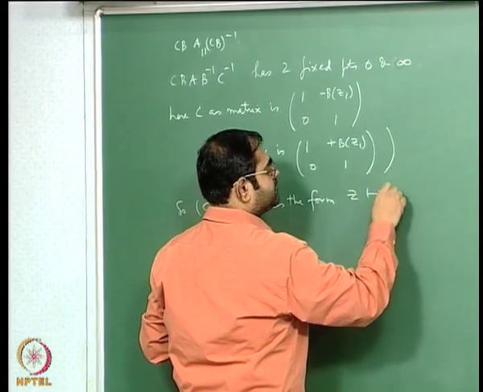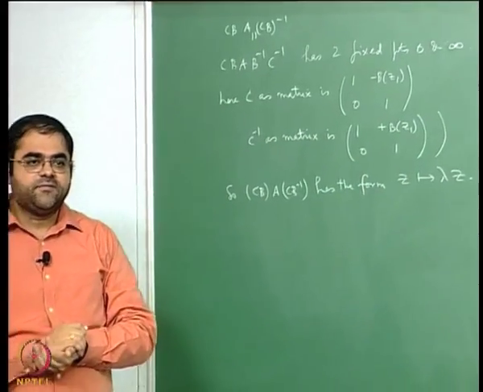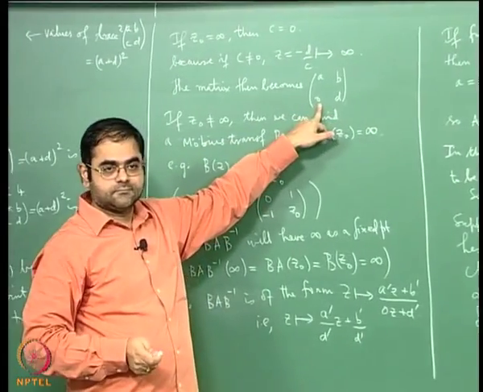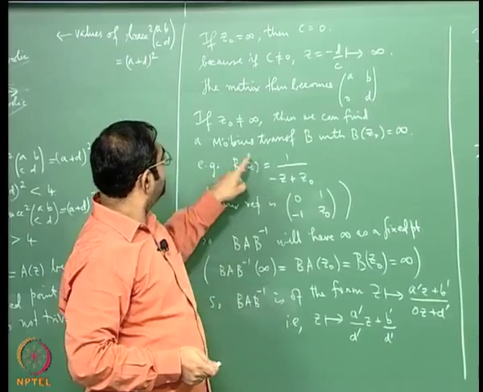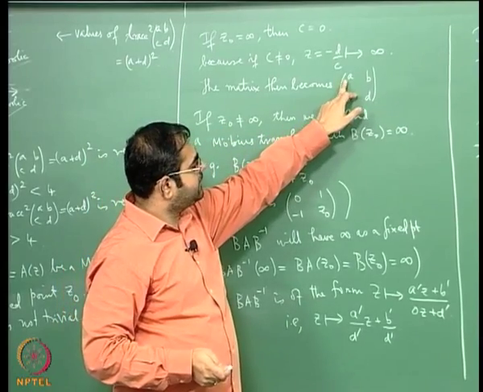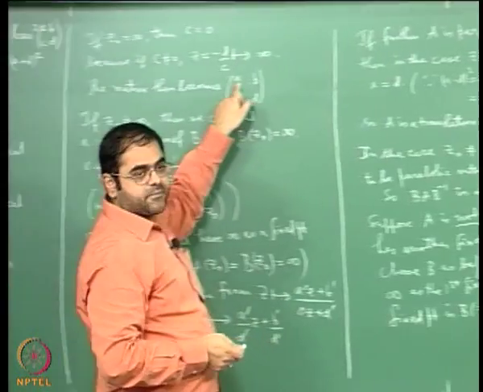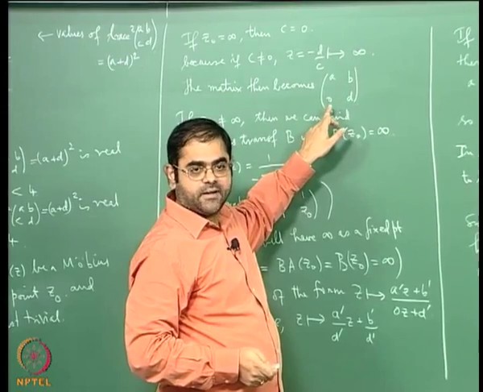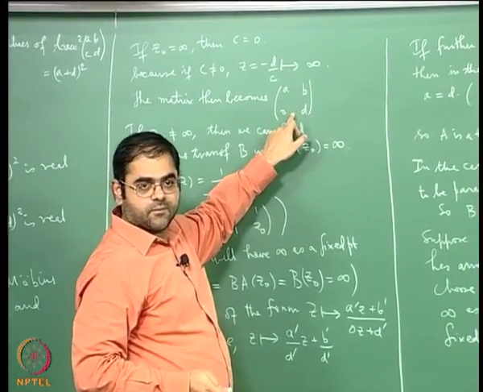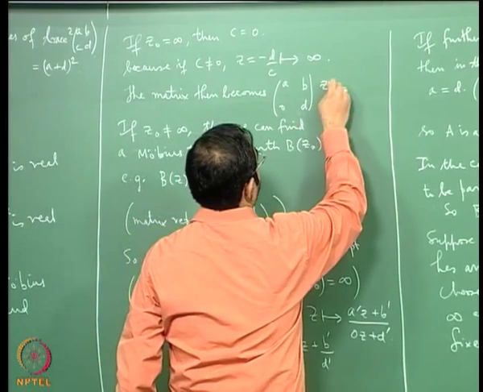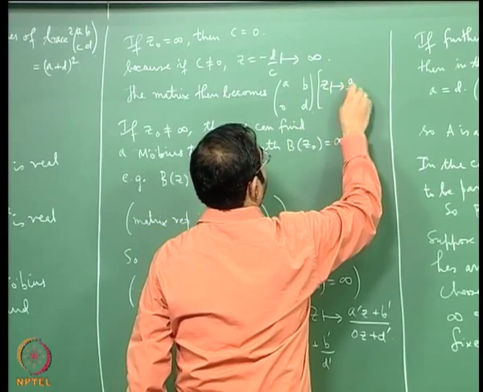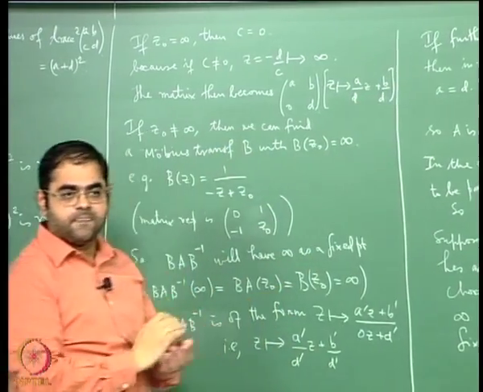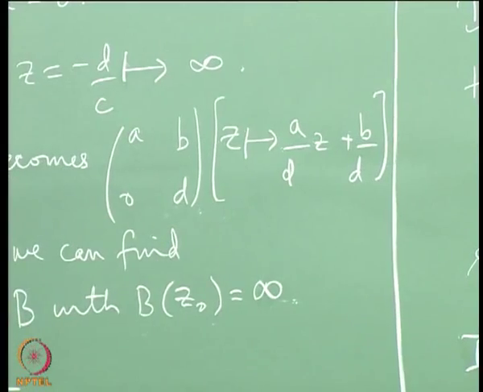Z going to lambda Z. If infinity is a fixed point, then C is 0, and your Moebius transformation becomes Z going to A by D times Z plus B by D. That is the form if infinity is a fixed point.